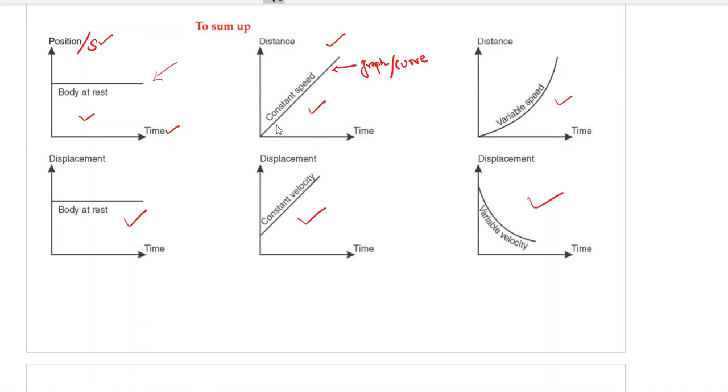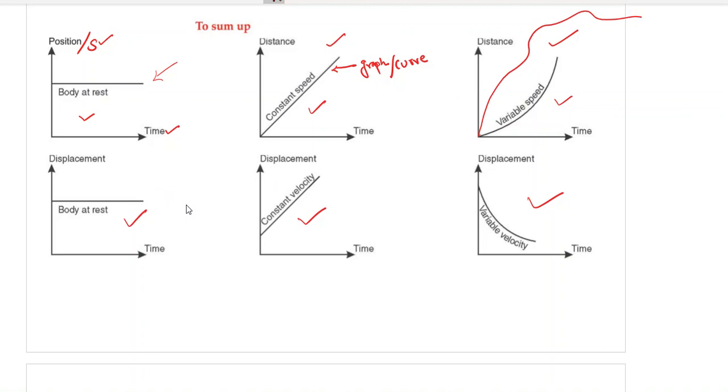Whenever it is a straight line inclined to the time axis in a distance time graph, it represents constant speed, but a curve on a distance time graph represents variable speed. This curve can be like this, it can be like this, not a straight line. Anything else except a straight line is considered a curve.